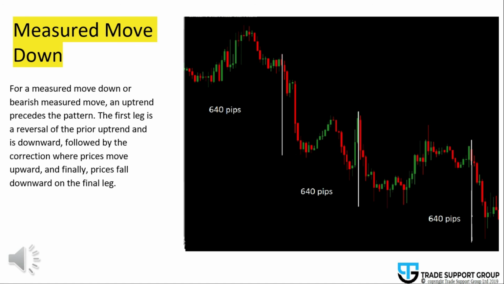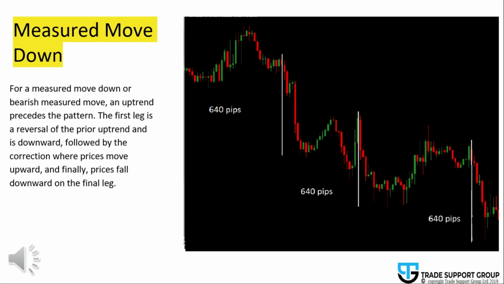This is a good indication that a trader can stay in the trade. If the bearish pattern continues, a trader should recognize the same measured moves. If the next bearish leg ends up being, say, 200 or 300 pips, this could be a sign of a weakening trend and a possible reversal.